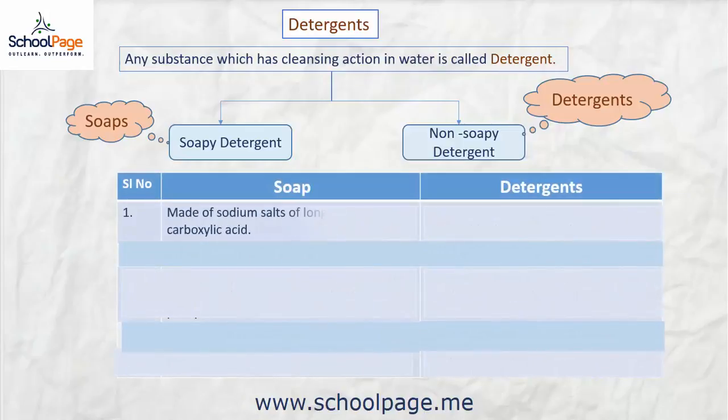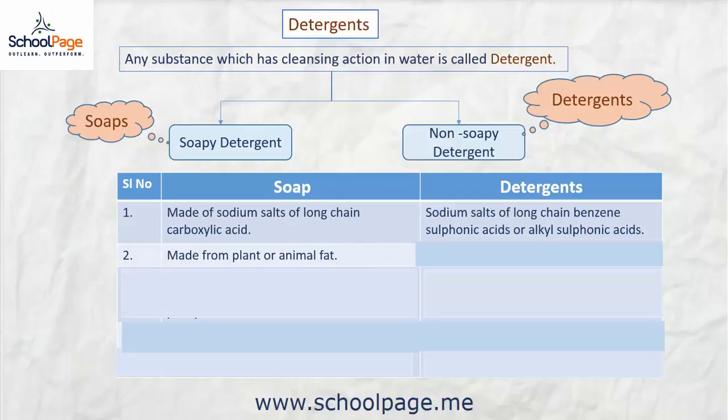There are a few differences between them. Soaps are made up of sodium salts of long chain carboxylic acids, whereas detergents are made up of sodium salts of long chain benzene sulfonic acids or alkyl sulfonic acids. Soaps are made from plant or animal fat, whereas detergents are made from petroleum fractions.